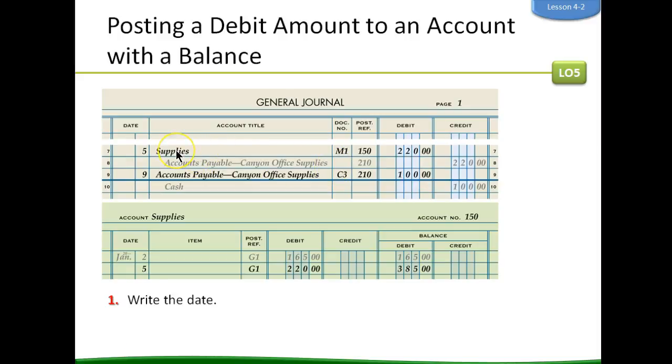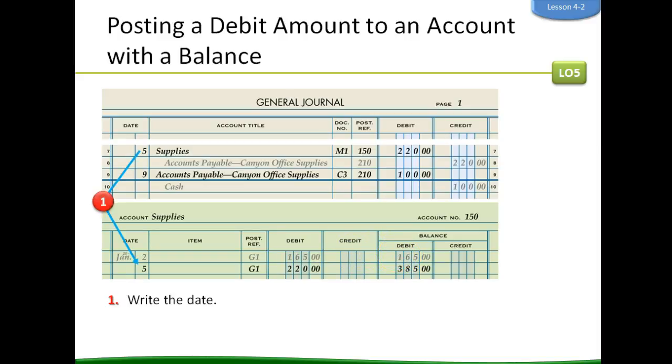When we go ahead and put this in our supplies ledger, you can see previous to the 5th that we had done a transaction. We posted something for $165 and we had a debit balance of $165.